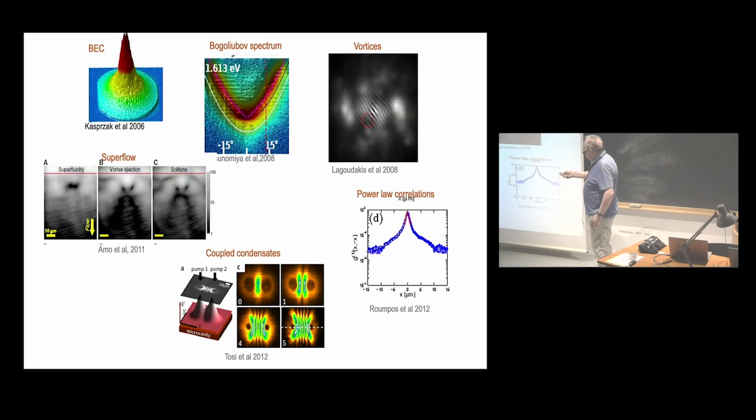When you're in this condensed state, you actually get a Bogoliubov spectrum. You get something which is linear here. So there's a sound mode which appears. As I say, you can image the system and you can look inside and you can find vortices. Because it's 2D, you expect the transition to be BKT-like, and that's been difficult to show because it's difficult to make systems which are very big to see phase fluctuations here.